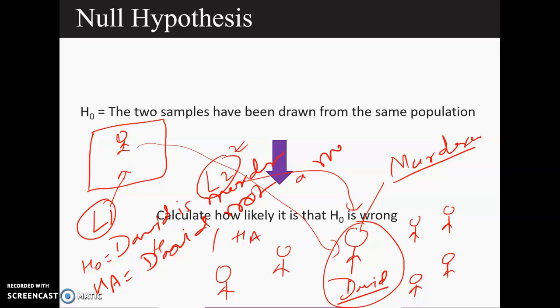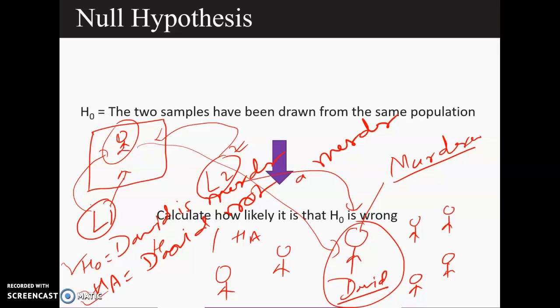So what will happen? Based on the evidence lawyer 1 is showing in the court of law, and based on the evidence lawyer 2 is showing, the judge will see what is true: the null hypothesis or the assumed hypothesis.